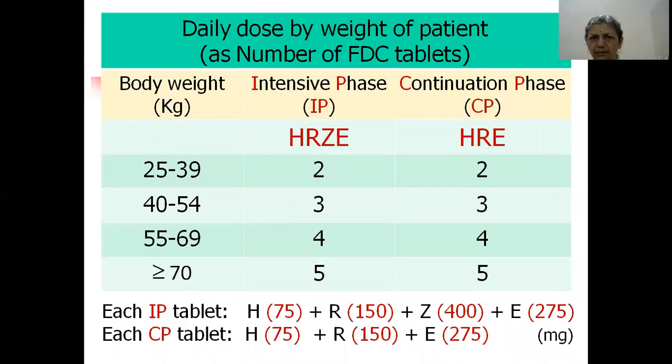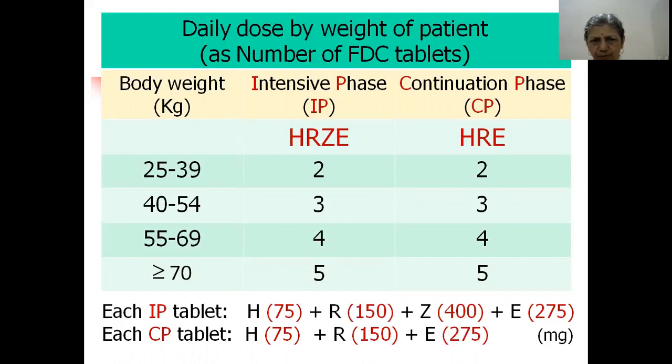For example, in intensive phase, a patient weighing less than 40 kilograms, about 20 but less than 40, takes 2 tablets of HRZE combination during intensive phase and 2 tablets of HRE combination in the continuation phase, and so on.